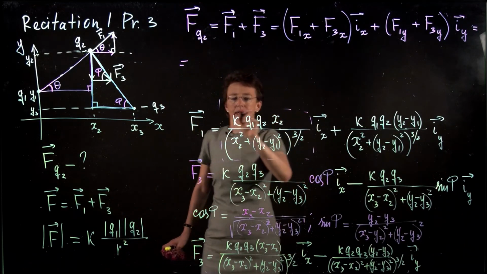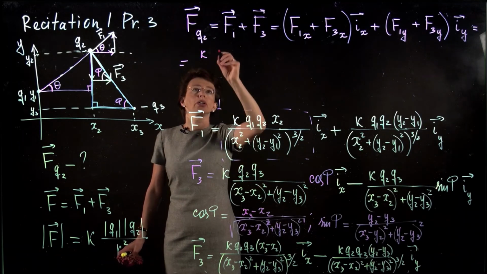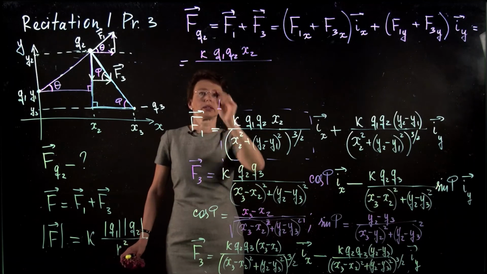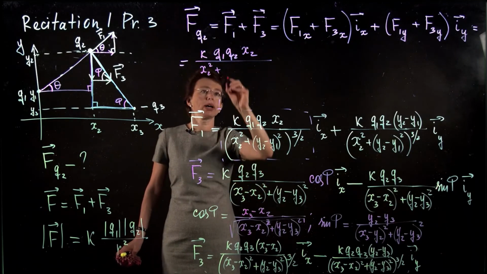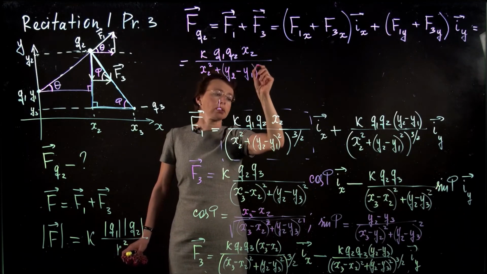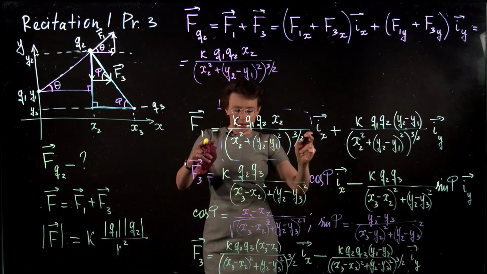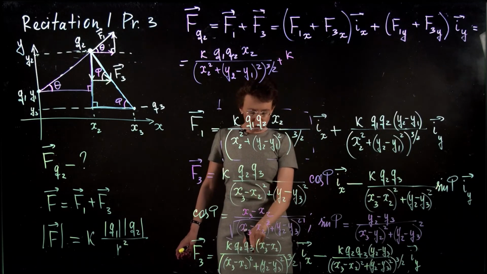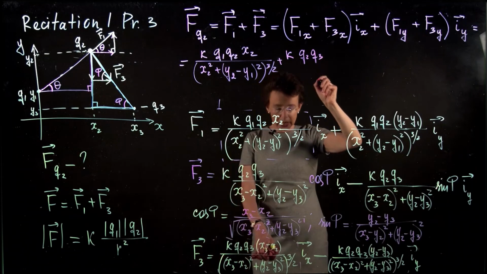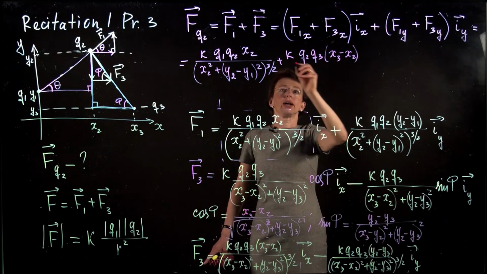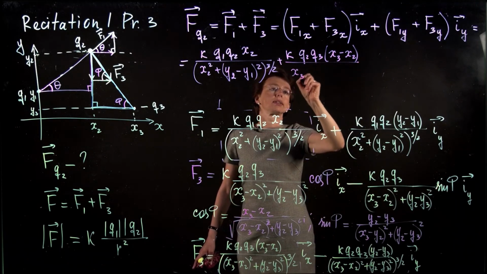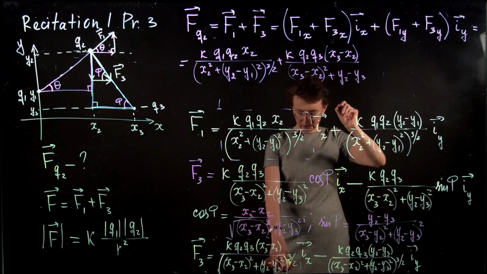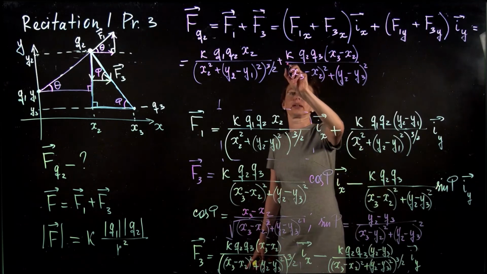F1x is right here, so we will have k, and then q1, q2, x2 divided by x2 squared plus y2 minus y1 squared, all this to the power 3/2, then plus the x component of F3, which is k q2 q3, then x3 minus x2 divided by x3 minus x2 squared plus y2 minus y3 squared, and the power 3/2.